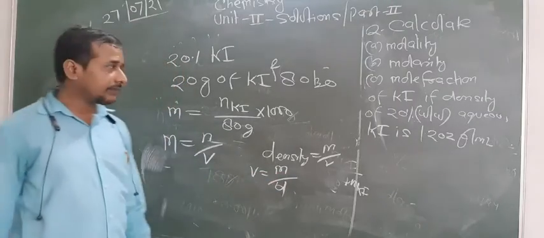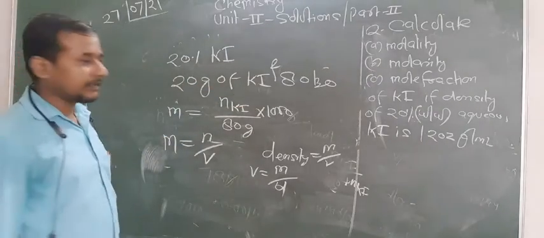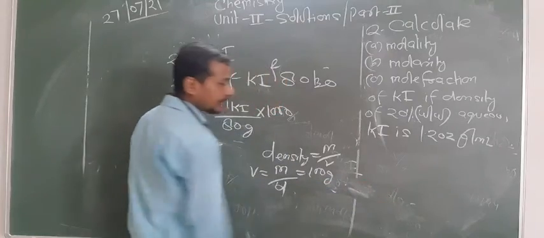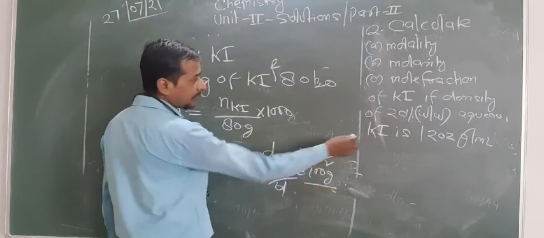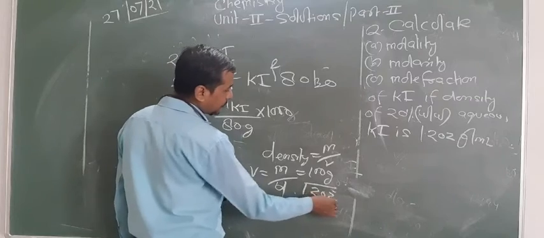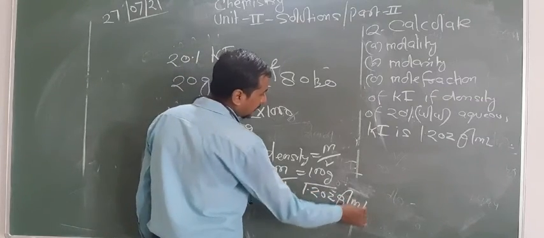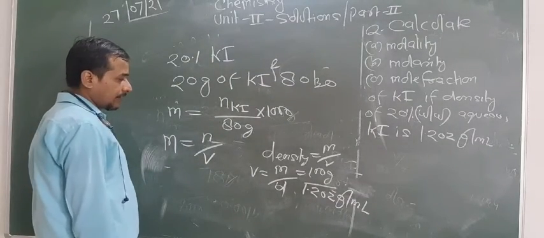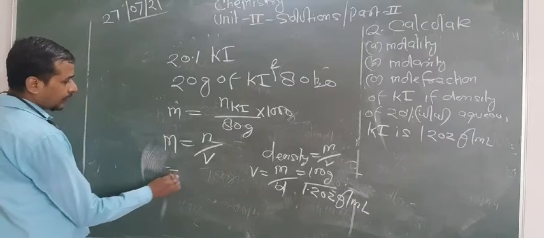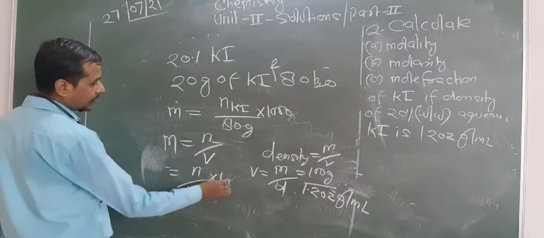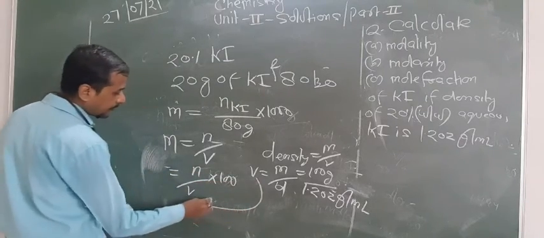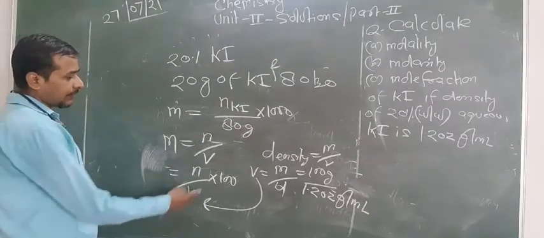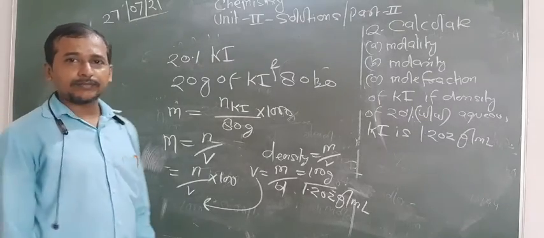Here the mass is given in percentage, so 20 plus 80, how much? 100 gram is the mass of the solution, divided by the density given, 1.202 gram per ml. So from here we can find the volume in ml. Now put this ml in this formula and divide by V into 1000. The volume we found here, the number of moles we found from this formula. Put it here, multiply by 1000. You can get the molarity.